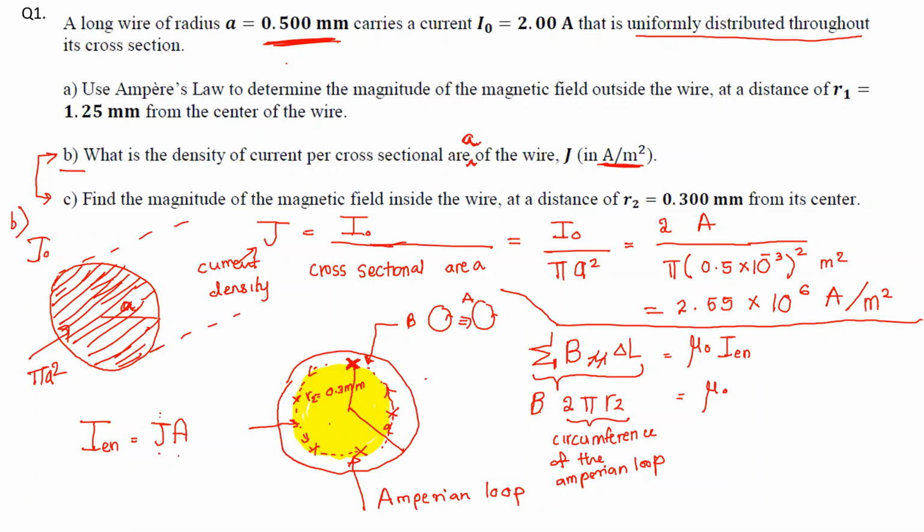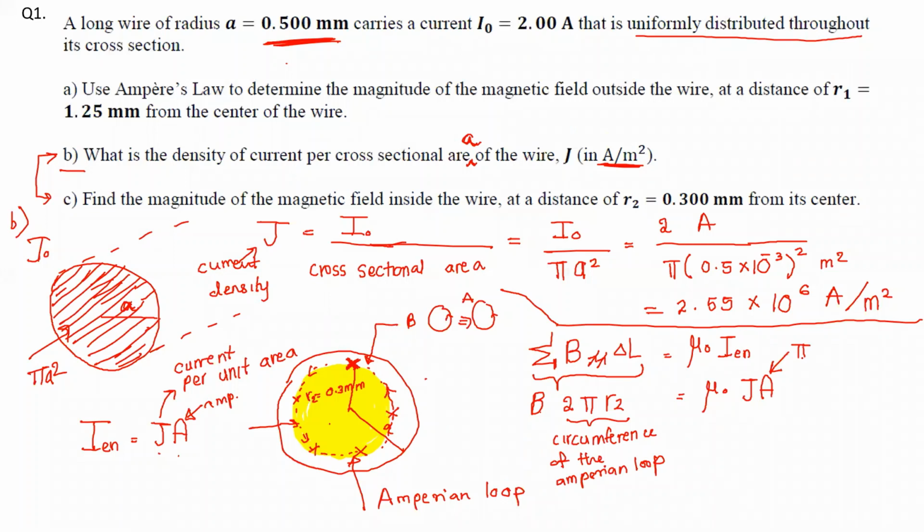So current density J gives the current per unit area. When we multiply by the area of the Amperian loop, the area we are interested in, we get the total current inside this part. Current per unit area times the area we are interested in. So here what we need is J times A. And what is my A?